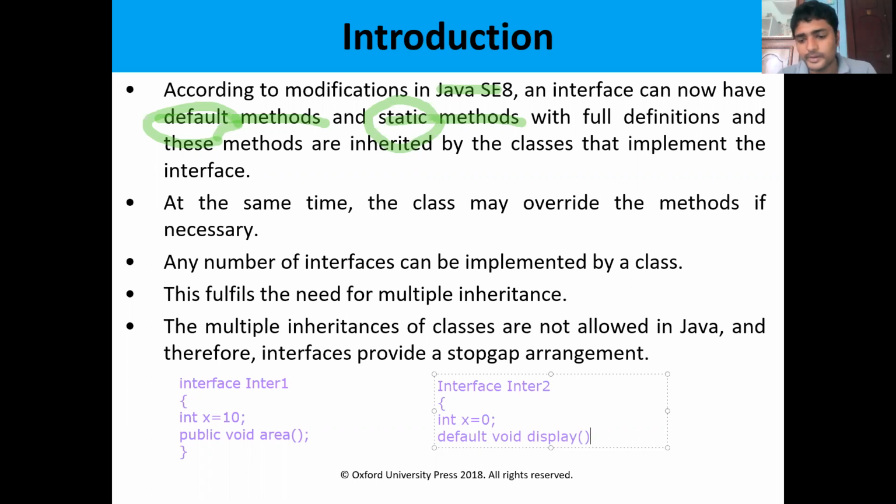This method can have a definition, that is System.out.println. This method can have a definition in the interface.